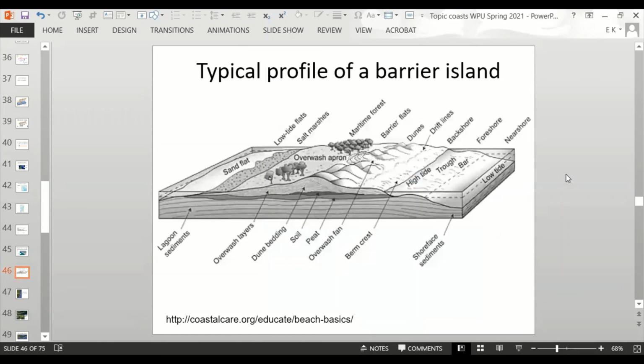This is a typical profile of a barrier island. So you have your beach face, then you would usually have dunes, then you either have trees or shrubs, then you have a salt marsh, and then a bay or lagoon on the other side.